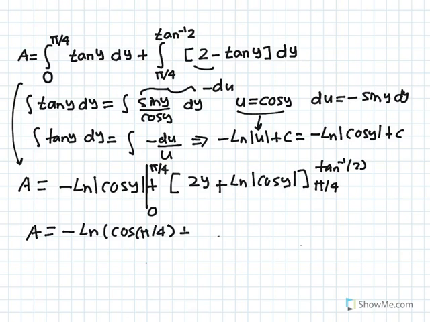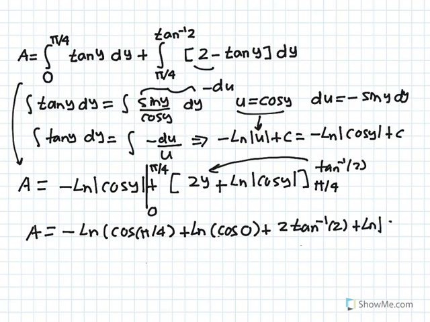Minus gives us plus log of cosine of 0, plus putting the upper limit in for y, we get 2 tan minus 1 of 2, 2 arctangent of 2, plus log of cos of tan minus 1 of 2, minus 2 times pi over 4 is pi over 2, plus log of cosine of pi over 4.